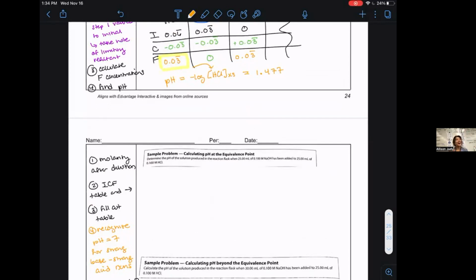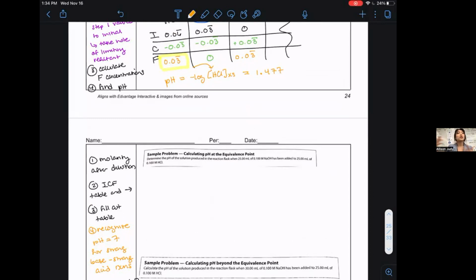So welcome back. For this problem, you totally should be able to prove conceptually that you reach equivalence. But you also could have taken the conceptual route: for a strong acid, strong base, when you've reached equivalence, which, by the way, you aren't often given a problem that says "I've reached equivalence."